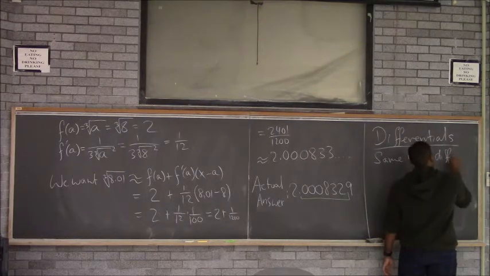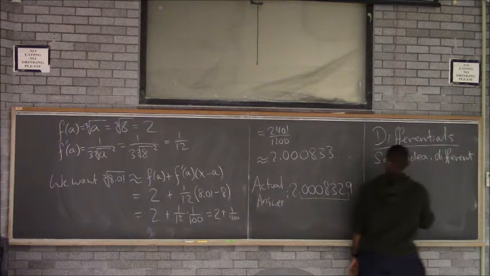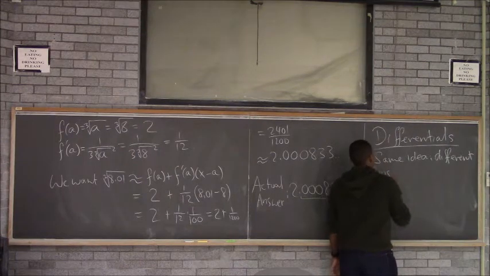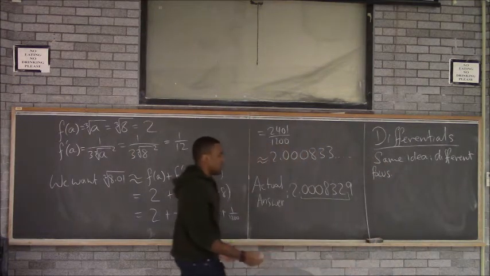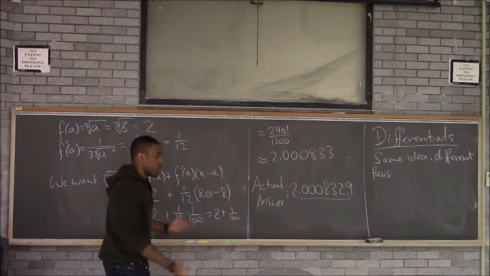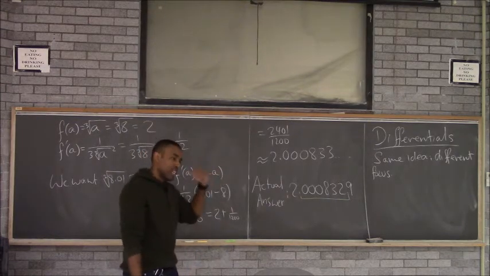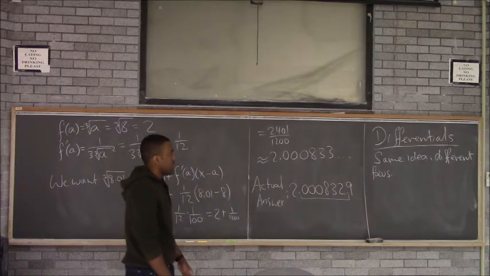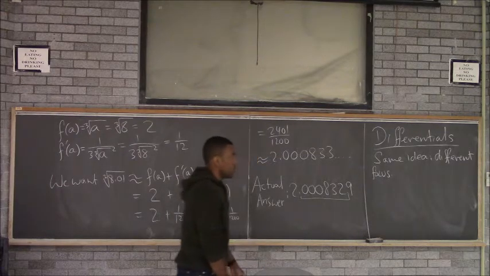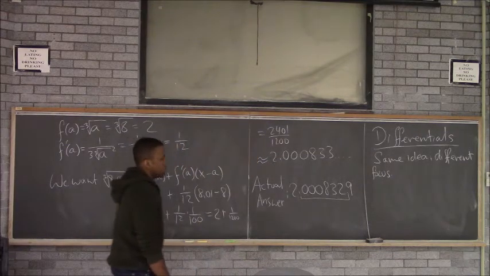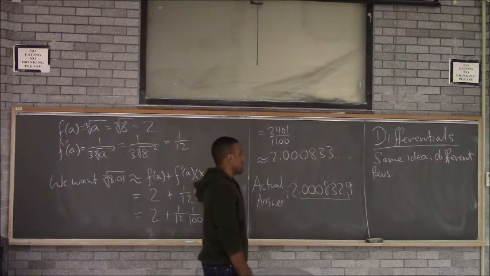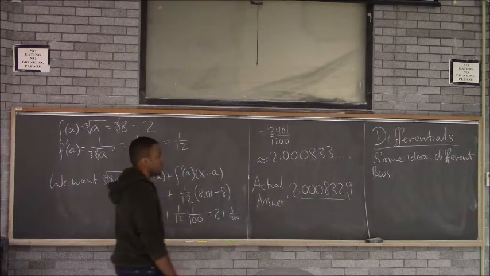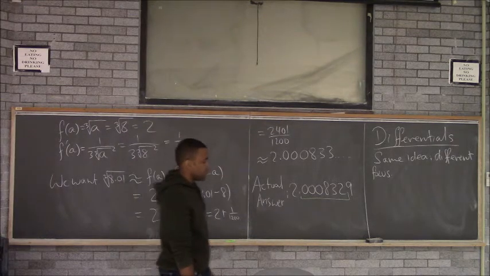Different focus. Same way how the average rate of change formula is the same as the difference quotient formula, except when we think average rate of change, we think of the formula in a particular way. Same thing we can do with quote-unquote differentials. The differential is the guy that looks like the dy or the dx. That's what we call them, differentials.